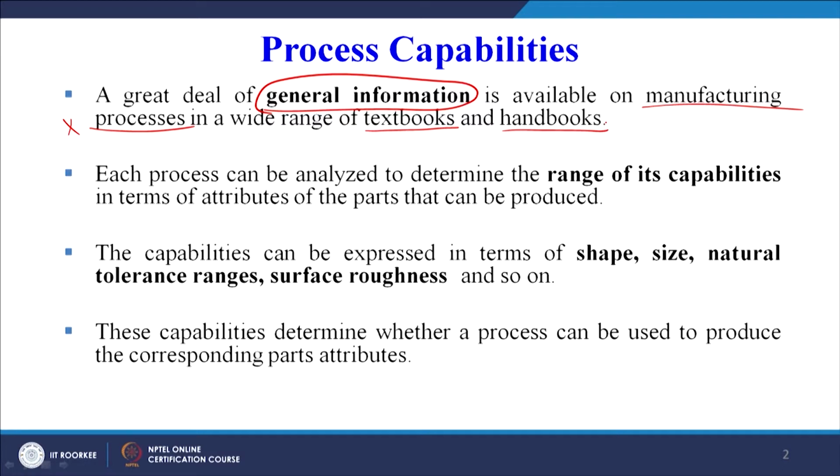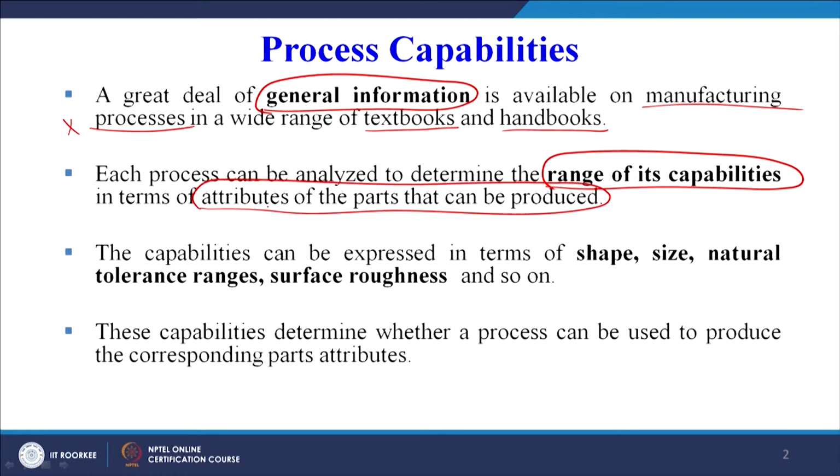Each process can be analyzed to determine the range of capabilities. This is what we will try to highlight today with the help of certain examples, in terms of attributes of the parts that can be produced. This is very important. Parts that can be produced are related to our product design approach.